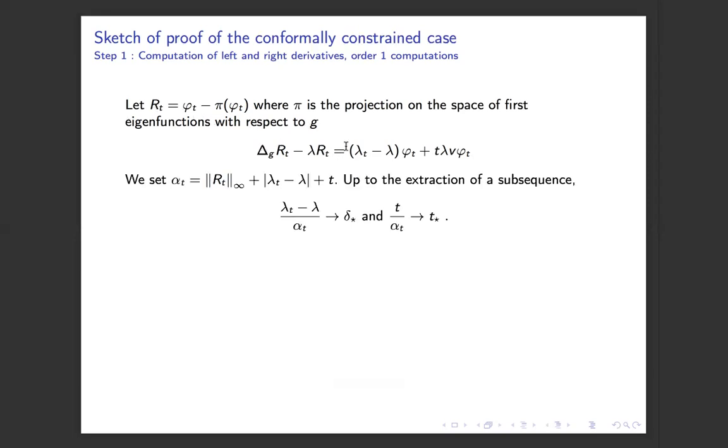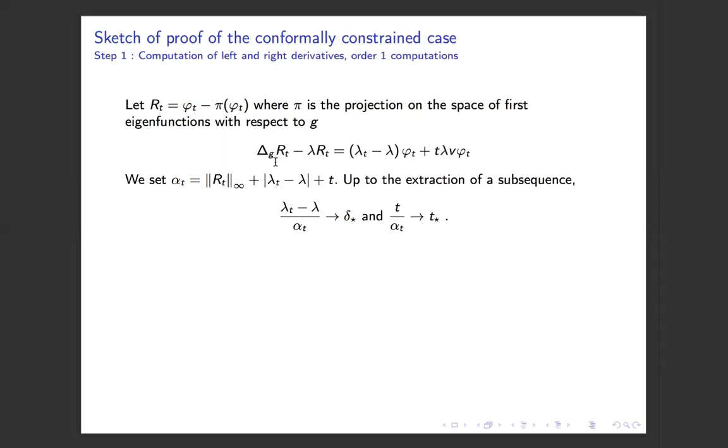And to deal with elliptic theory, we set all the norms that are useful for us to see the good scaling for this equation. And we look at the infinity norm of R_t, the difference between lambda_t and lambda, and t. So we'd like to prove that alpha_t has the same scale as t.